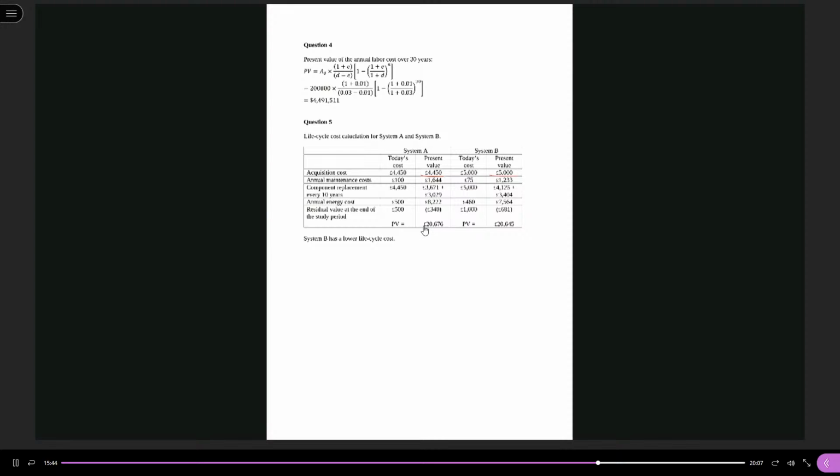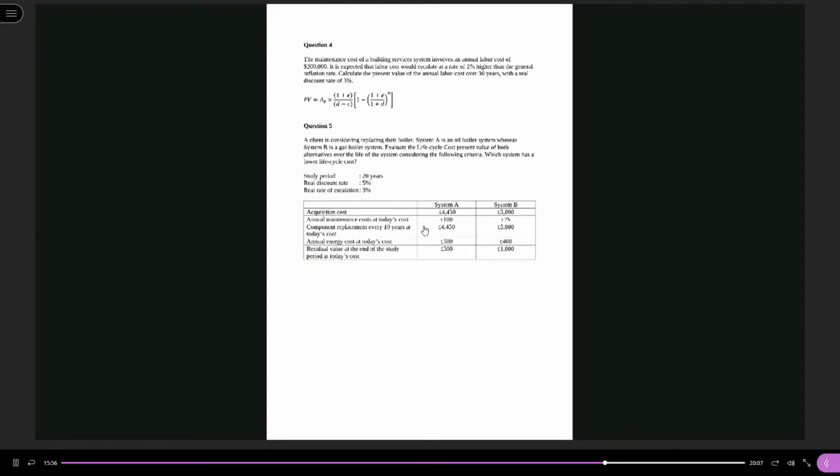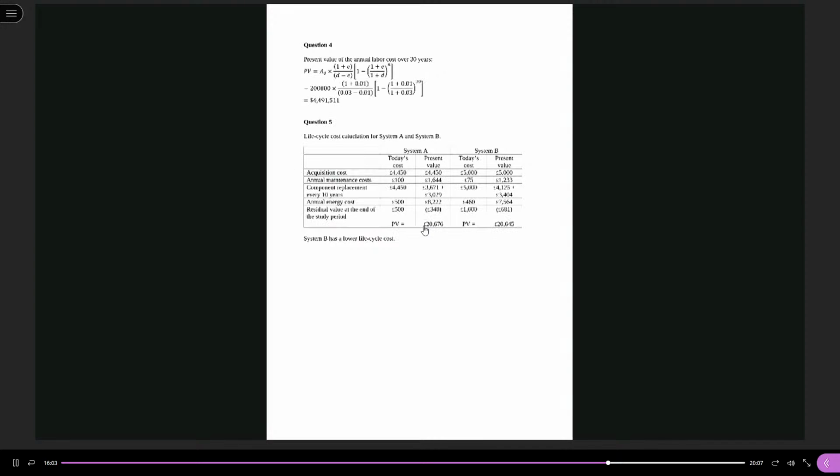So A0 will be 100. And E is 3%, D is 5%, and then N is 20.